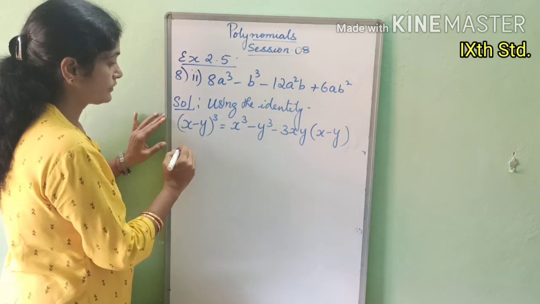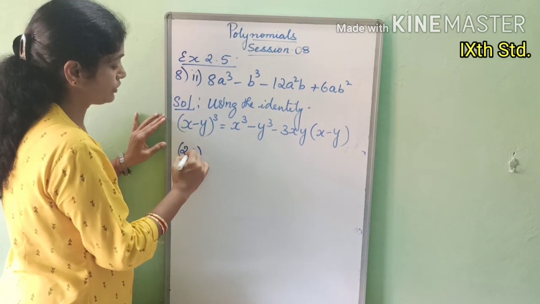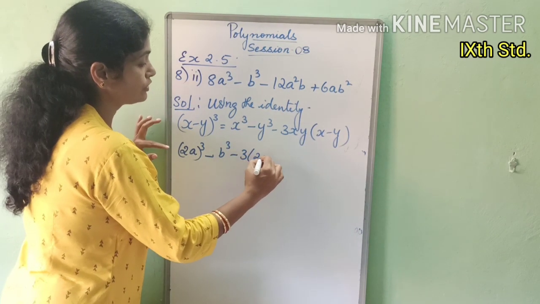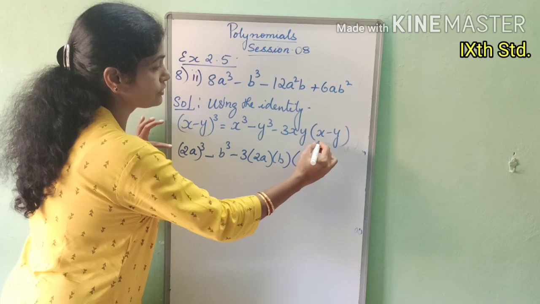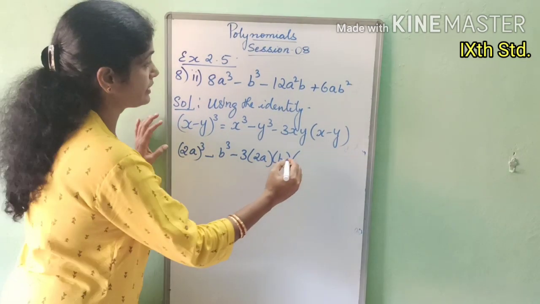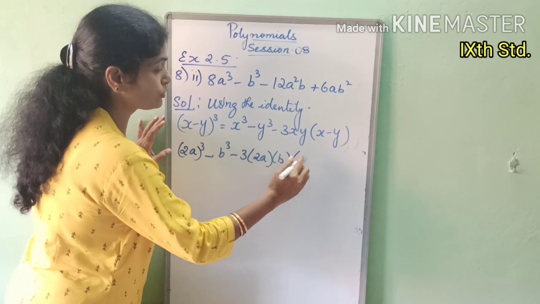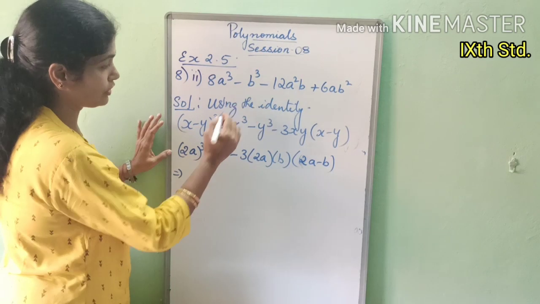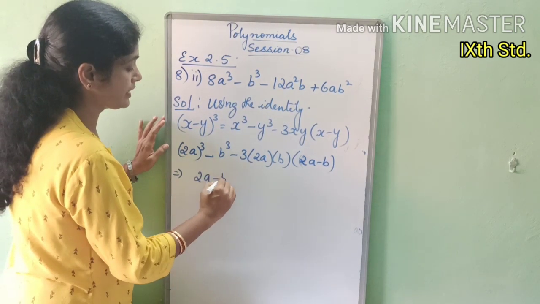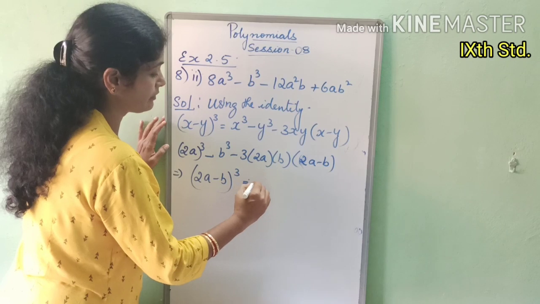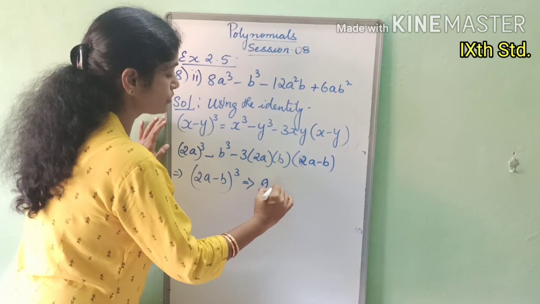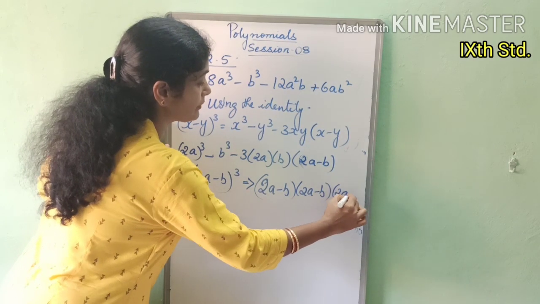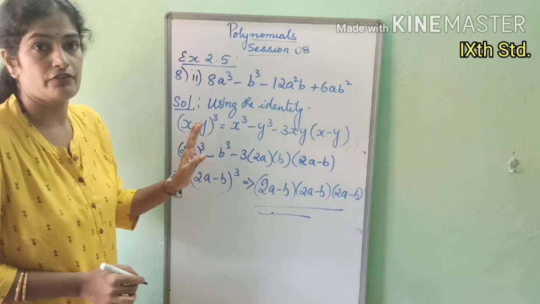Therefore 2a whole cube minus b cube minus 3 into 2a into b into x minus y, which is 2a minus b. So this becomes 2a minus b whole cube, which is equal to 2a minus b into 2a minus b into 2a minus b. These are the factors of it.